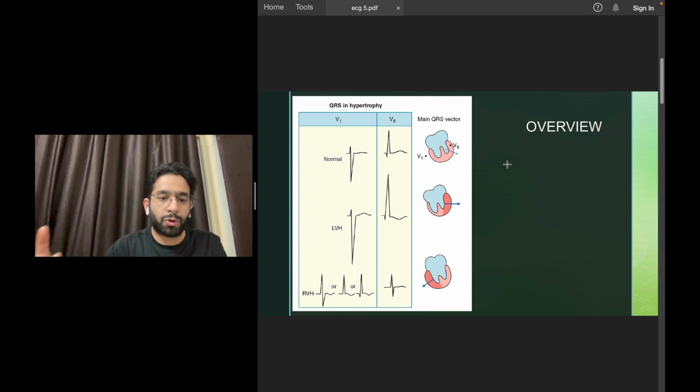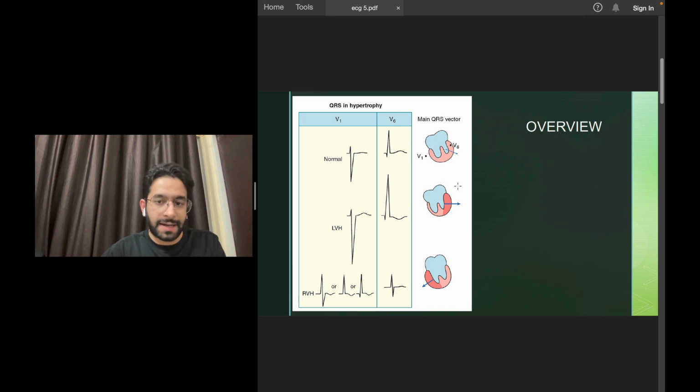More muscle means more electrical force, and more electrical force means that the mean vector will point towards the left. That's the mean QRS vector or the cardiac axis. Because it's pointing to the left, the left-sided lead V6 records a predominant positive deflection. So this is how a normal QRS should look in lead V6, and this is how a normal QRS looks in lead V1. This is the normal situation.